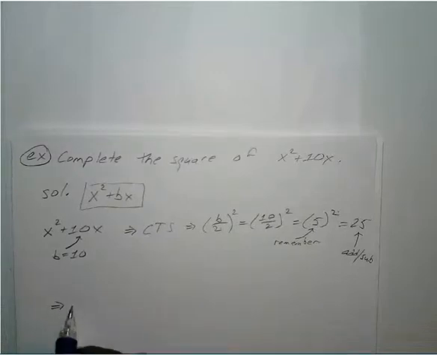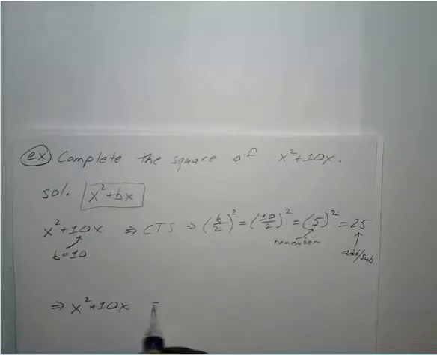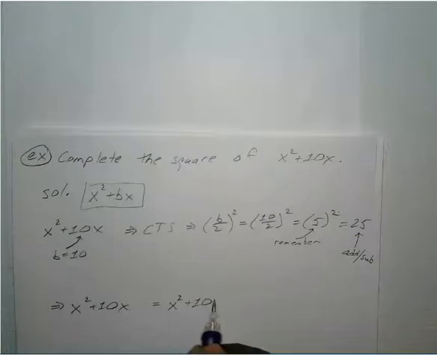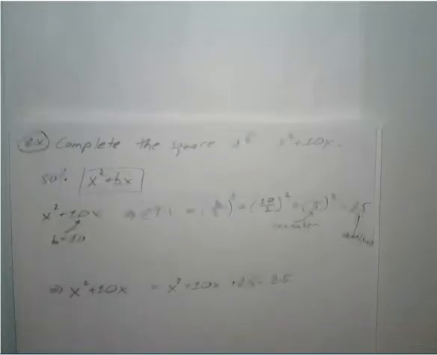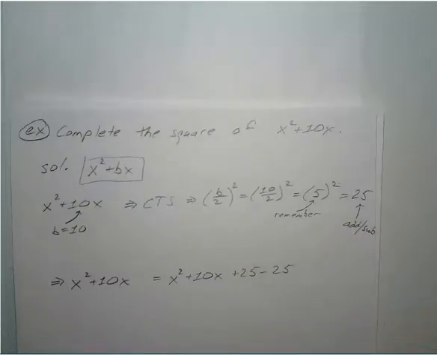So our x squared plus 10x is going to equal x squared plus 10x plus 25 minus 25. Really all we did was add 0. We added 25 and subtracted 25, same thing.